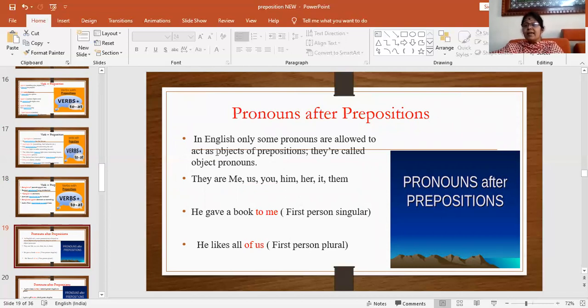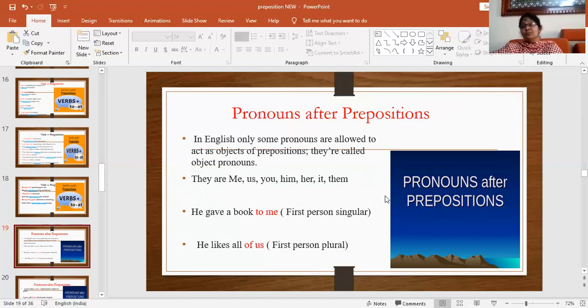So, in the English language, some pronouns are allowed to act as objects of prepositions, and they are called object pronouns. Let us see what they are. For example, they are me, us, him, her, it, and them, right?